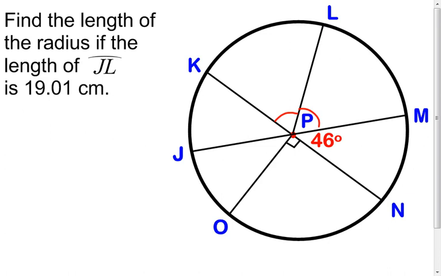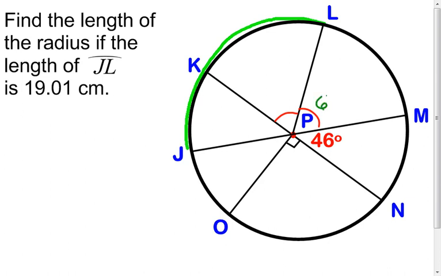And on this one, notice now I want to find the length of the radius, and I know the length of the arc. So I'm going to just highlight the arc that I know the length of. So it's arc JL. So I know that this length right here is the 19.01. Now remember from previous problem, this is the same circle.